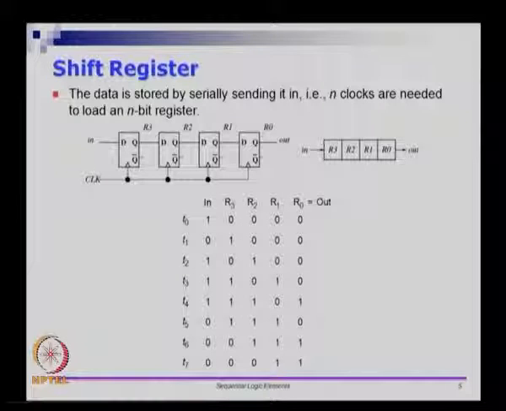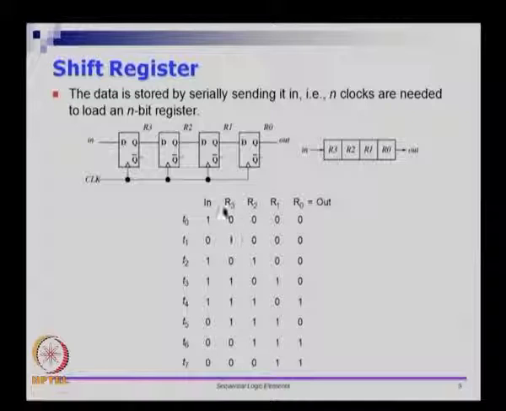So you have an input bit coming into D, then the Q of that goes in as D for R2 and so on. Pictorially, it is usually represented in this form. You have a single bit coming in from the left hand side and a single bit that goes out to the right hand side, and we call this the shift register because it shifts bits one at a time.